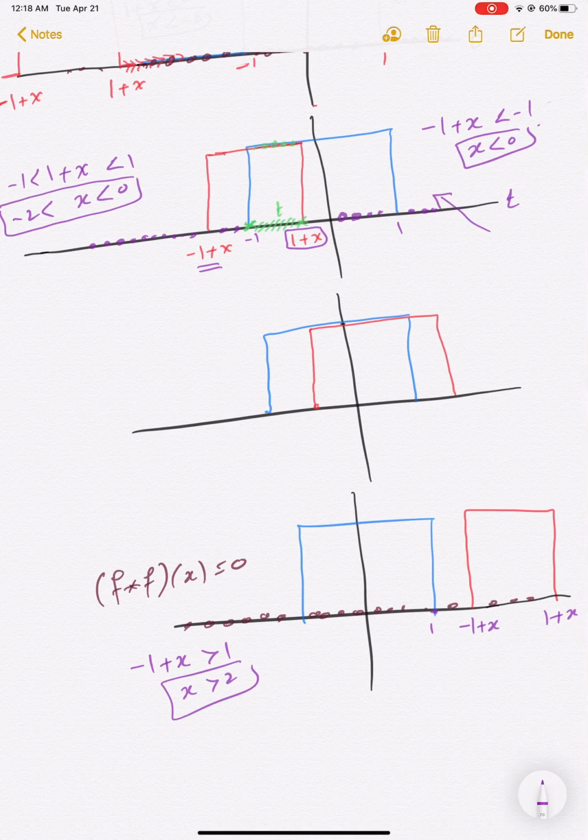That means when you integrate, you just take the integral from negative 1 to 1 plus x of the product of the two functions, which is just 1 dt. If you integrate dt, it's t at the upper limit minus the lower limit. So you get 1 plus x minus negative 1, which is x plus 2.